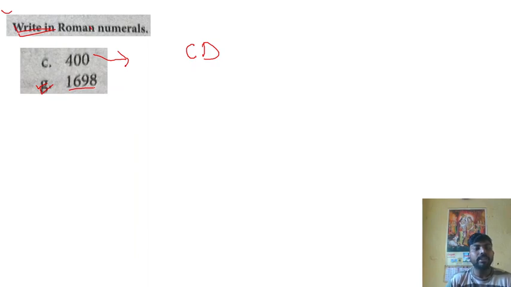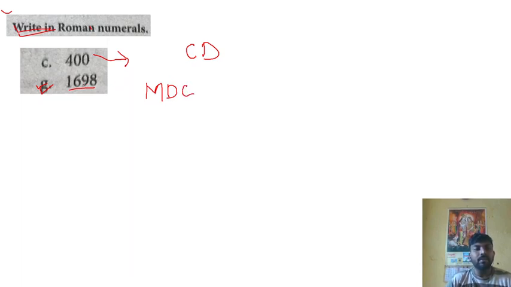Now I am moving to 1698. How can we write this 1698? At first 1000 is there. How can I write 1000? It is M. Right? Then 500 I will write, so 1500 we have done. Next I am adding 100, so 1600.